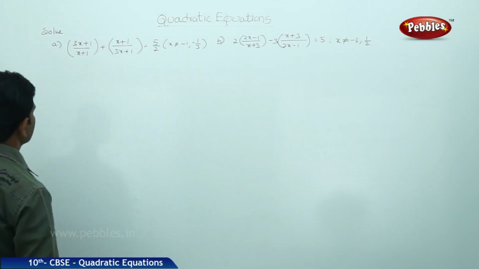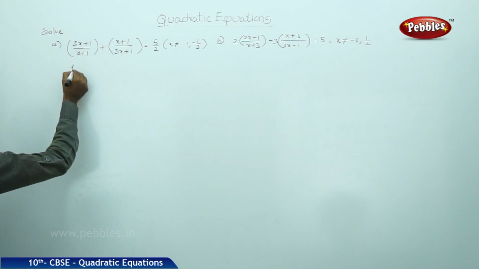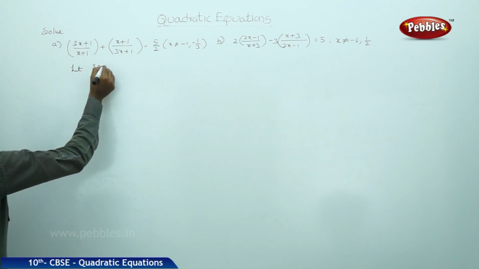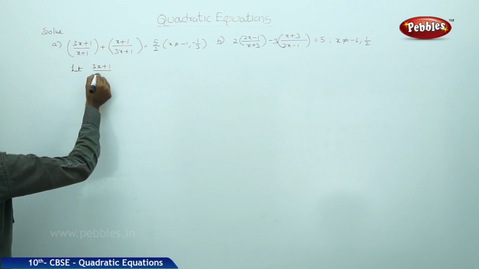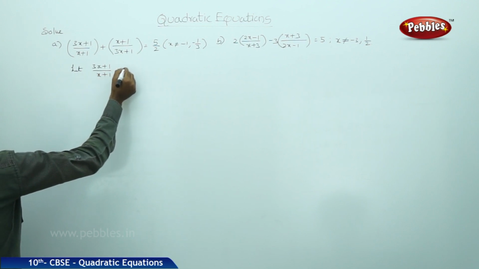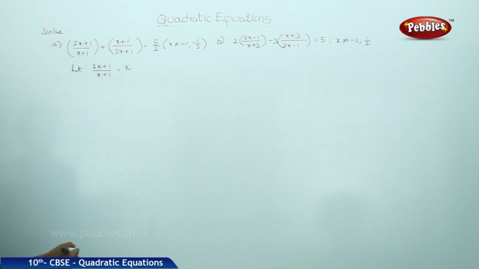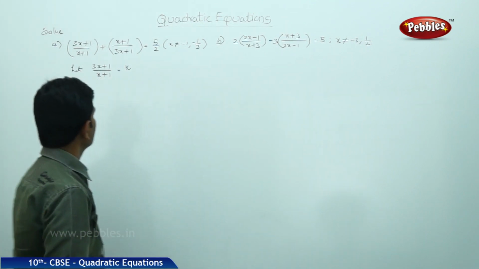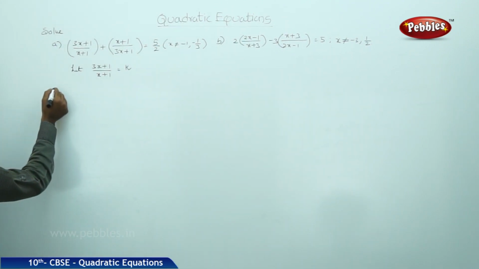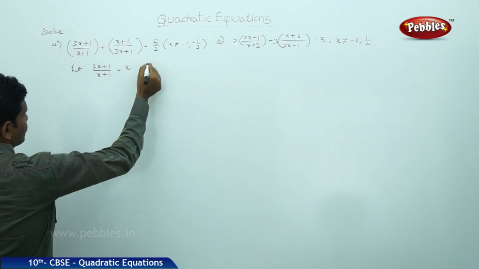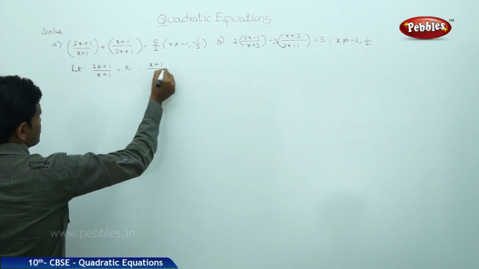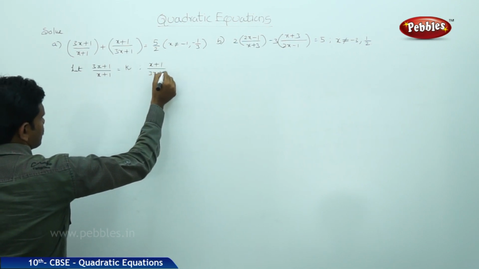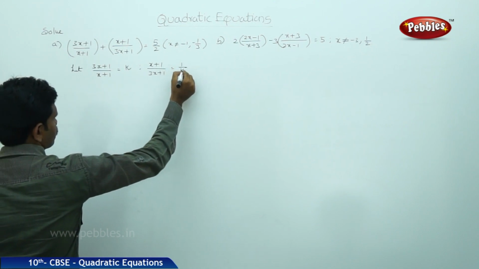question number A. Let 3x plus 1 by x plus 1 is equal to, my supposition, k. Then the given one, this implies x plus 1 by 3x plus 1 becomes 1 by k.